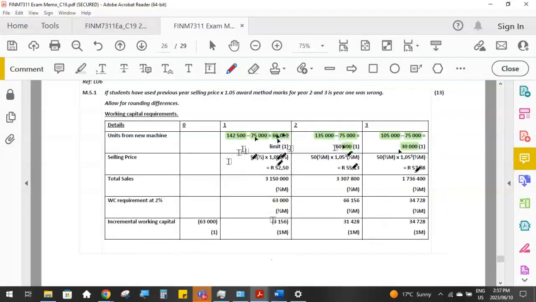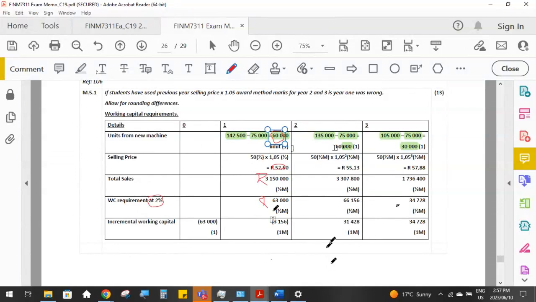So we've got our selling prices for the 3 years. Multiply the number of units by the selling price, which gives us our total sales value for each of the 3 years. Then multiply the total sales value by 2%. That gives you the working capital for each of those 3 years.